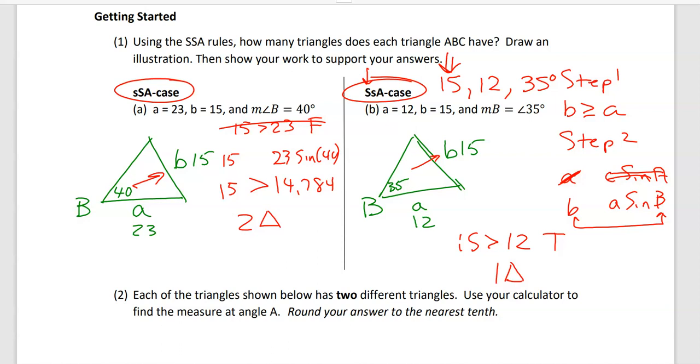In the second problem, we have 15 followed by 23 followed by the 40-degree angle. In this one, the first side opposite the angle is actually shorter. So you see the lowercase s, and the capital S follows it, meaning the longer side. As we talk through this, you might hear the idea of short side, long side, angle, versus long side, short side, angle, which is the first example.